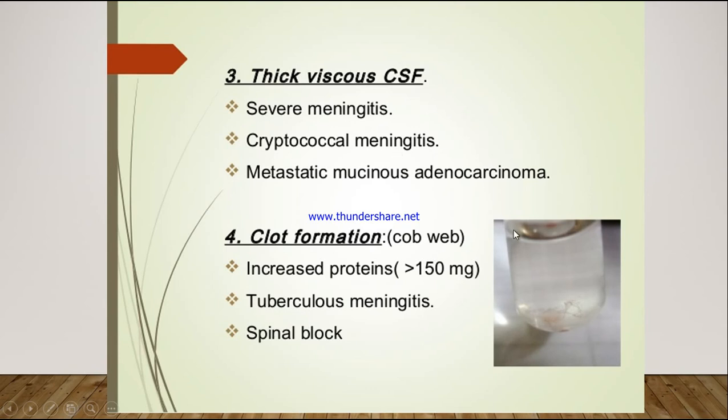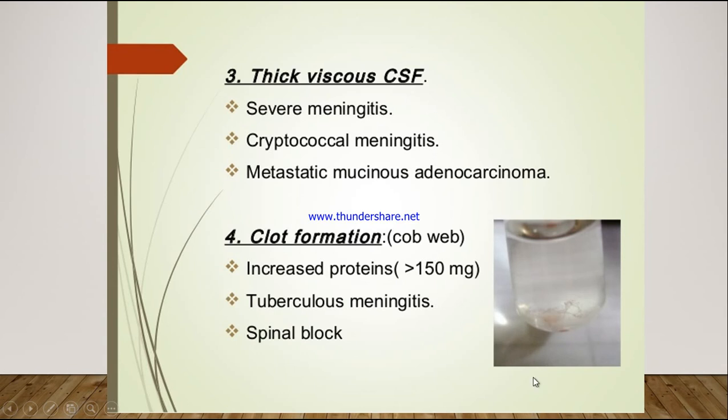Next is the thick viscous CSF. If the cerebrospinal fluid is very thick and not flowy, like glycerine thick, then we should suspect severe meningitis, cryptococcal meningitis, or metastatic mucinous adenocarcinoma.